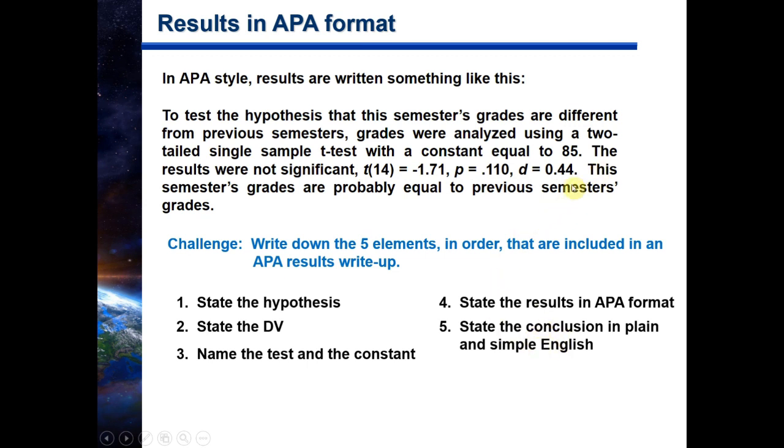So this last sentence needs to be phrased in such a way that people without any advanced statistical knowledge, or even the basics of statistics, would still be able to understand what you found. So avoid jargon. We just say this semester's grades are probably equal to previous semesters' grades. Something grandma could understand. And I'm assuming most grandmothers are not statisticians.